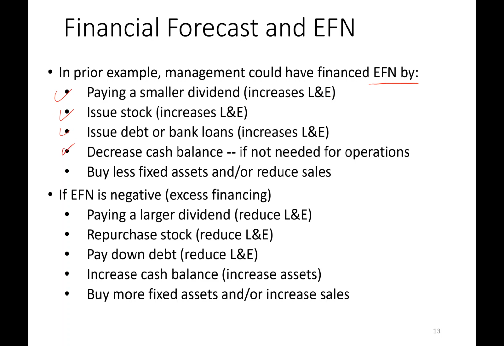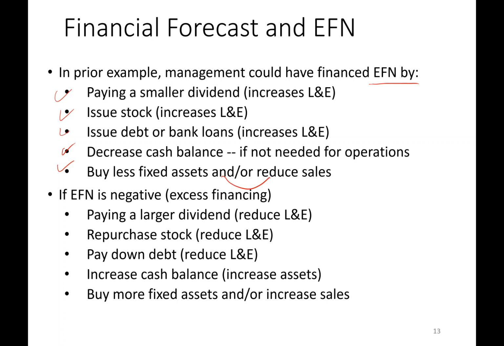What we didn't do is decrease cash balances. Maybe the company doesn't need all that cash to run the business. And if it's getting a relatively low interest on cash, it could just reduce the cash balances, in other words, reduce the assets. Or maybe we'd have to buy less fixed assets, but that's probably going to have a feedback effect. If I reduce my CapEx, I should probably reduce my sales because I'm not going to have the production capability.